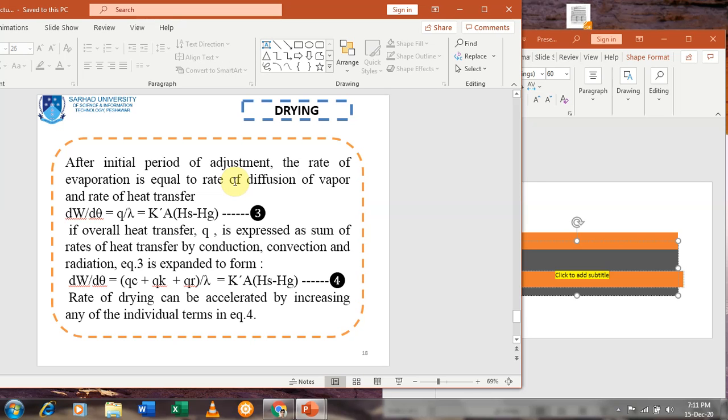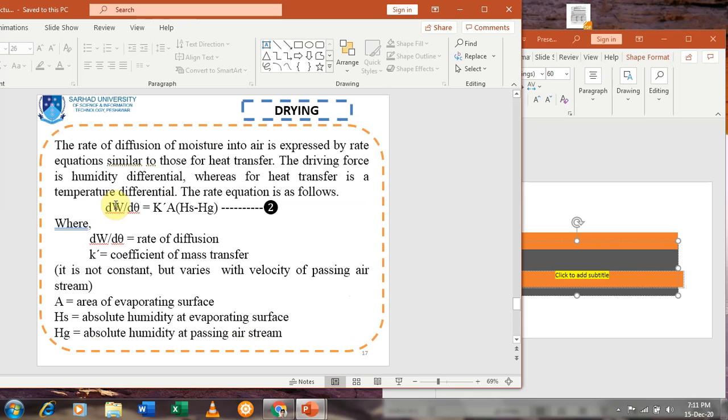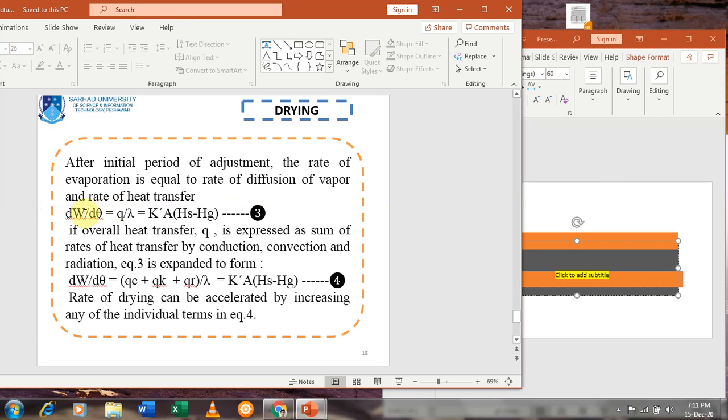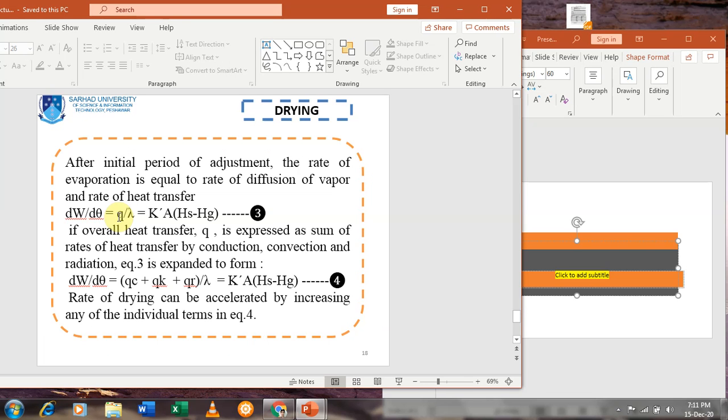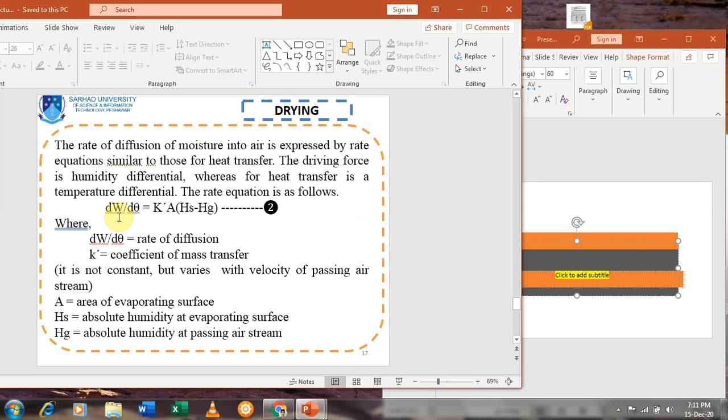If we constantly supply heat, at one stage the rate of evaporation becomes equal to the rate of heat transfer, and that becomes equal to the rate of diffusion of vapor. In this case, equation number 1 and equation number 2 become equal, so we can put dw by d theta equals q by lambda, that was equation number 1, and it is equal to k dot A Hs minus Hg, the equation for the rate of diffusion.